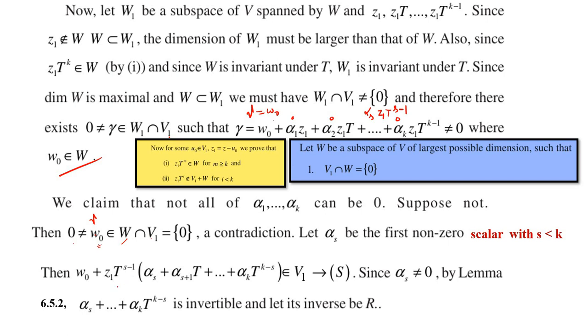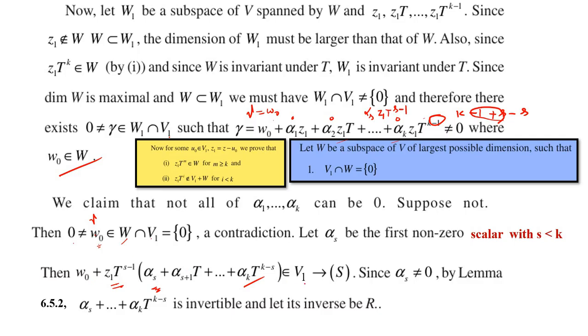So when you take Z1 T power s minus 1 out, the first one should be alpha s and the rest will be there. The last one, k minus 1, is present here. So what we do is we add and subtract s, so that when you take T power s minus 1 out, you will be left with k minus s, so alpha k T power k minus s. So W naught plus the whole lot, this is what we have.